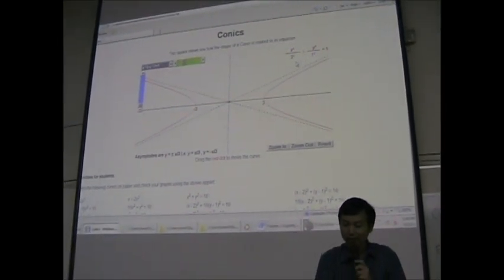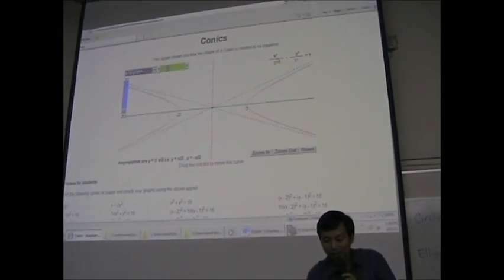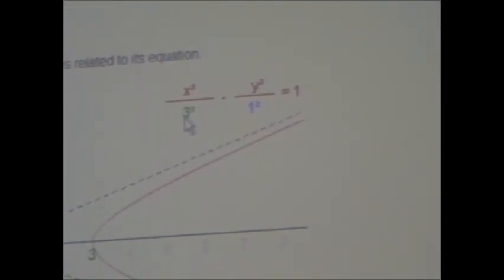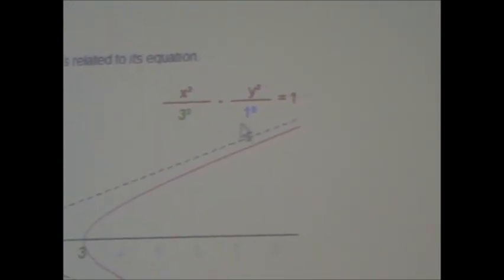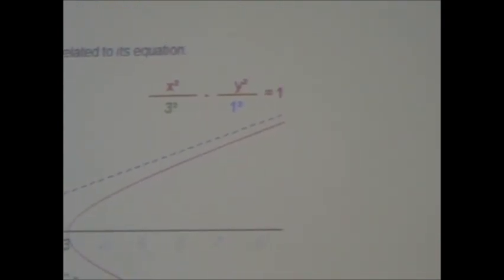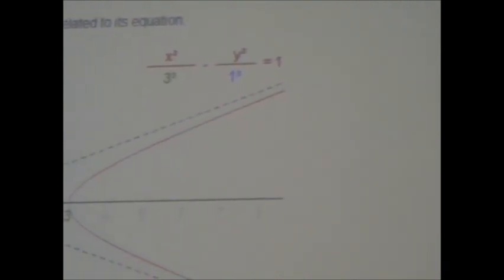You can see what the a squared and b squared represent in a certain way. If the hyperbola is in this shape, x squared minus y squared, the 3 here represents the distance from the hyperbola to the center of the hyperbola, 3. But the 1 has no meaning. There's nothing along the y-axis. So only 3 represents the distance from the hyperbola to the center.